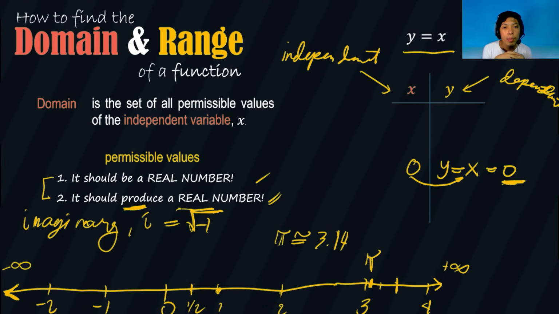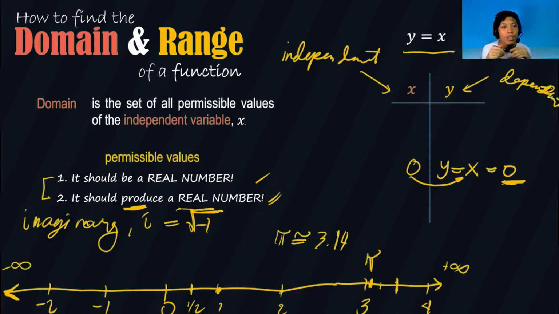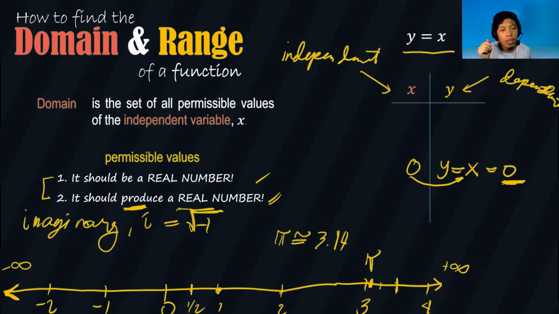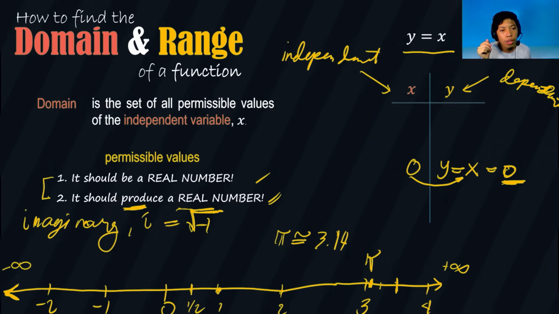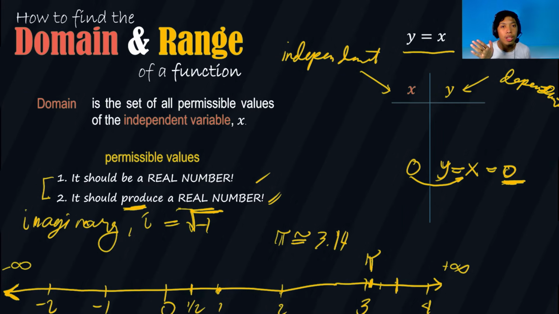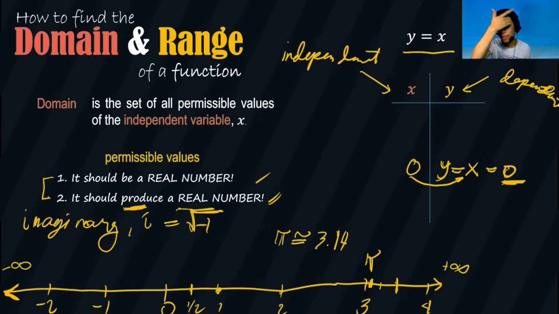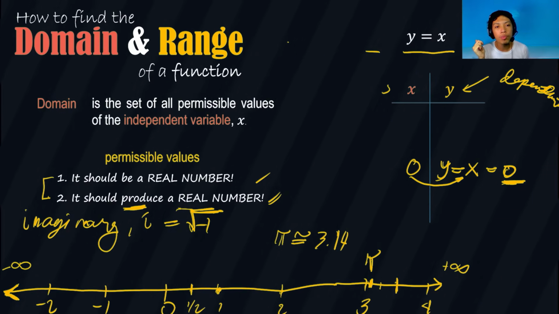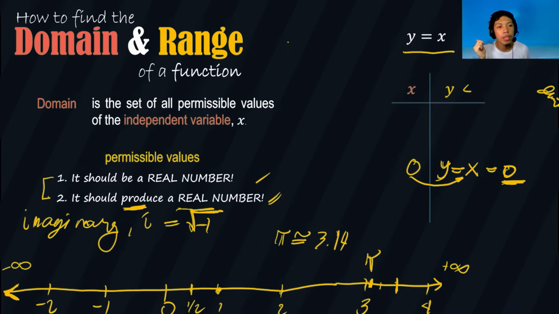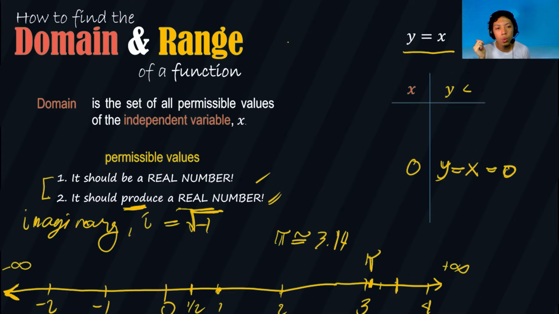That's why it's a dependent variable, because the value of y depends on the values of x. So y is 0 because x is 0. That's the difference between the two. Anyways, let me just erase this one.